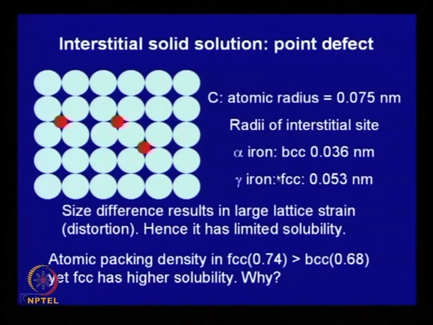Therefore, even if a carbon atom goes into the interstices here, it will cause some amount of lattice distortion. So, interstitial solid solutions definitely will have some limit to solubility, and this will depend primarily on the atomic size or size difference.